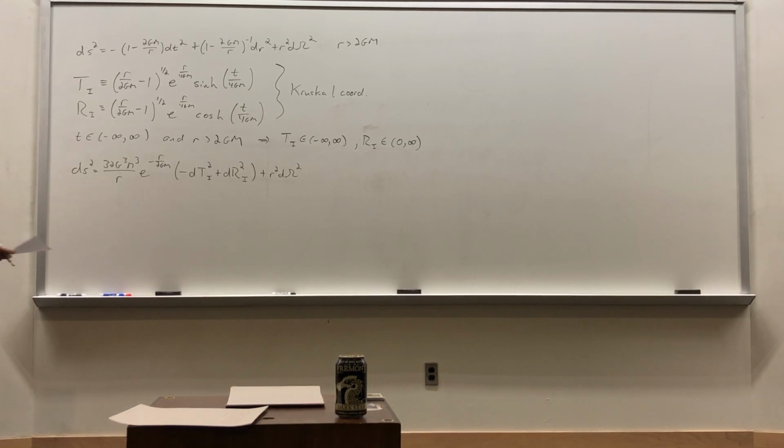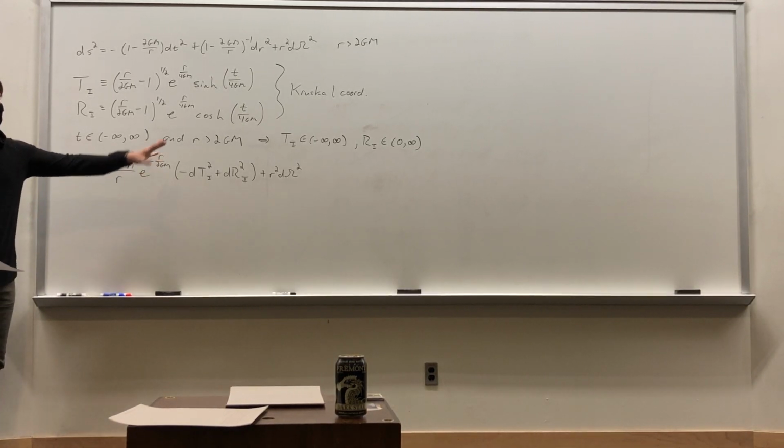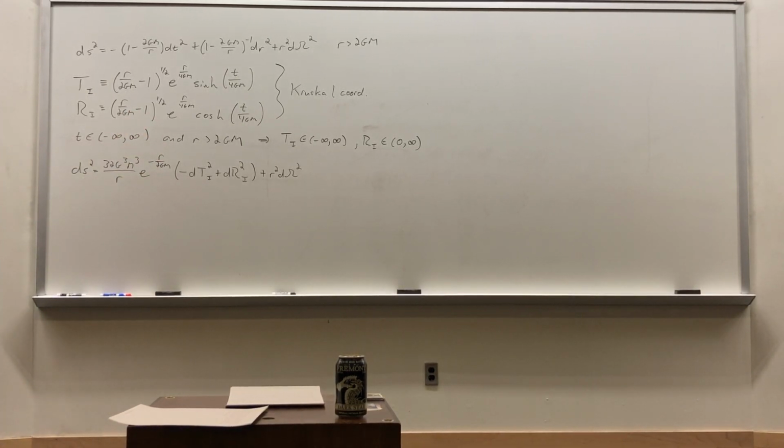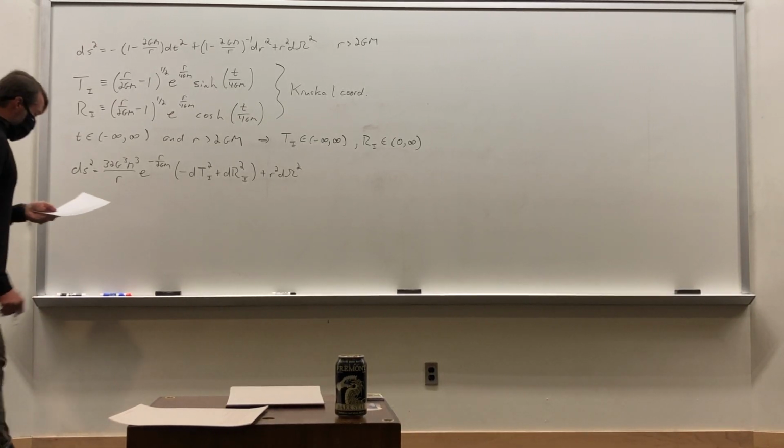Now, I know you might be like, why have you still got the little r in there? Well, that's actually going to be useful, so we'll find that useful in just a moment.